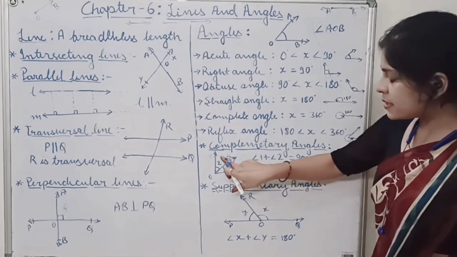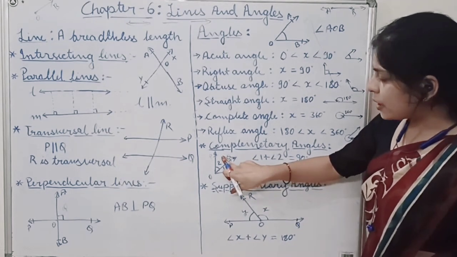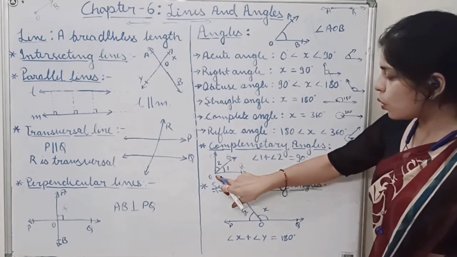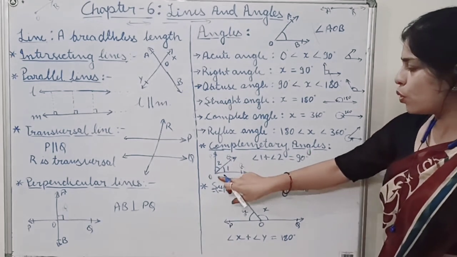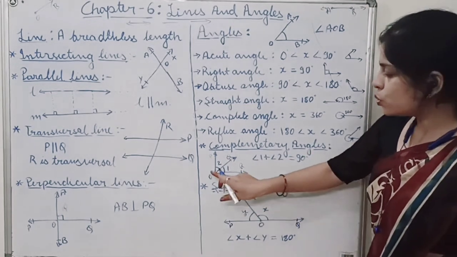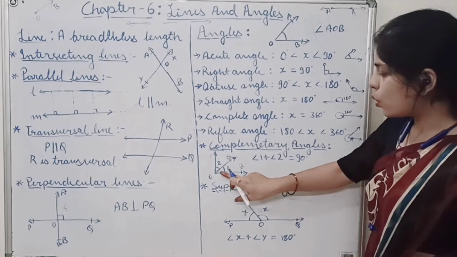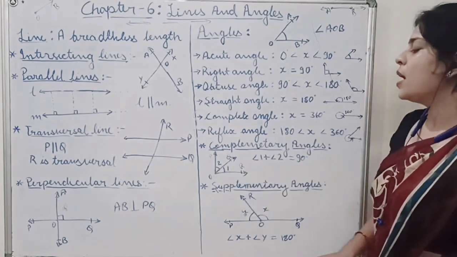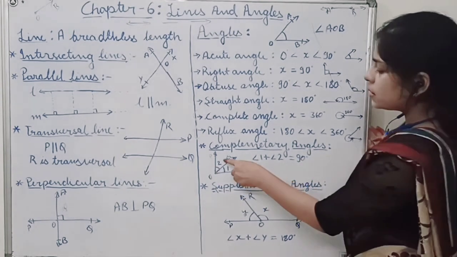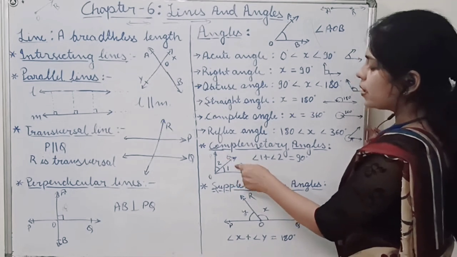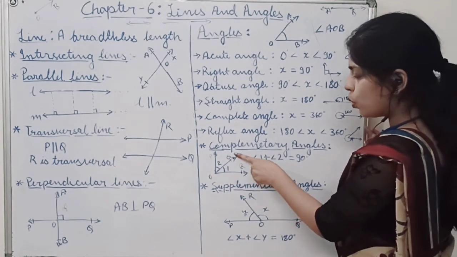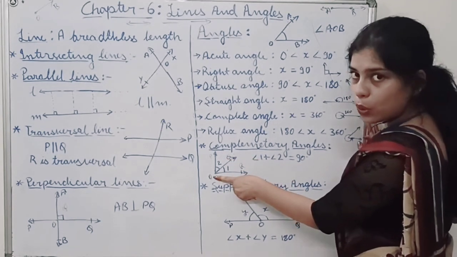Okay, and this is angle 2. Angle 2 is QOP, and the two arms of angle 2 are OQ and OP. Now the common things in these two angles are what? OQ and vertex O.